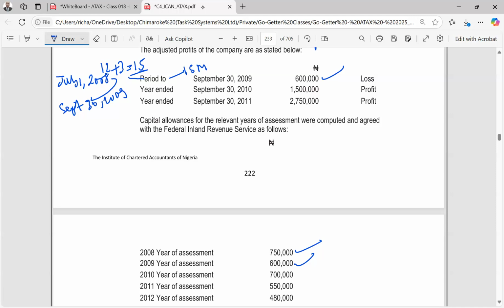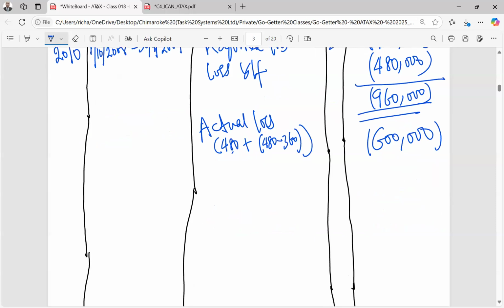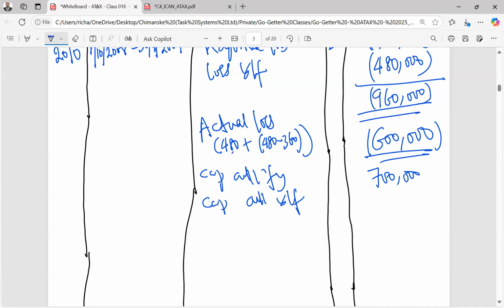The capital allowance is going to be 700. So let's take the capital allowance here. So this is your loss, 600. Capital allowance for the year is 700. Then capital allowance brought forward. This is 1,350. Add them together is going to give you 2,050.